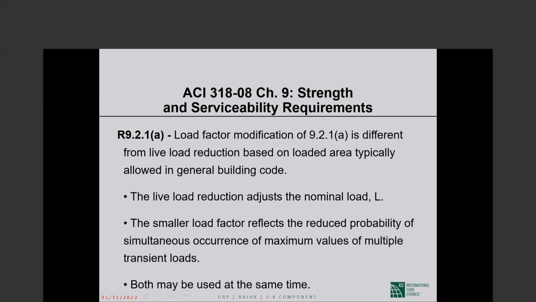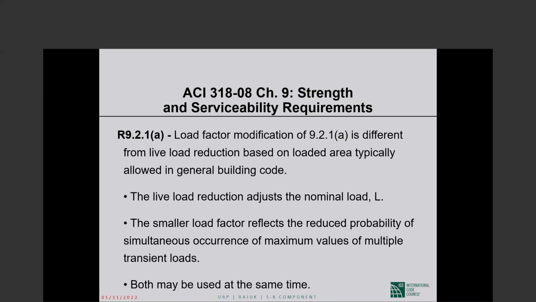The smaller load factor reflects the reduced probability of simultaneous occurrence of maximum values of multiple transient loads. Okay, so peak live load, peak dead load, and peak of everything will not be simultaneously occurring. This is why we take 0.5 on the live load.